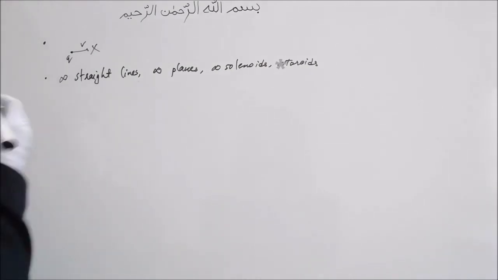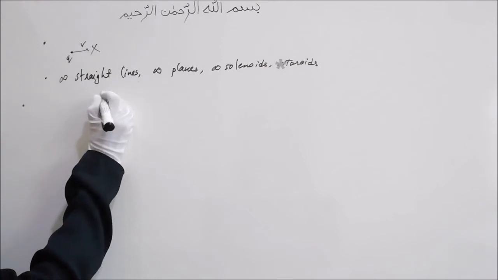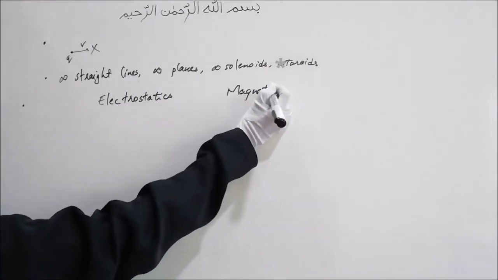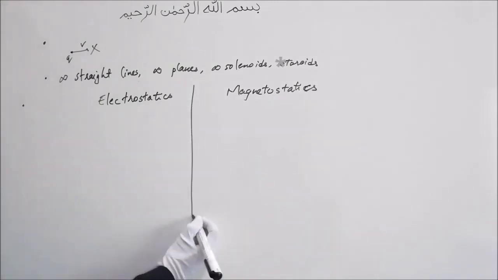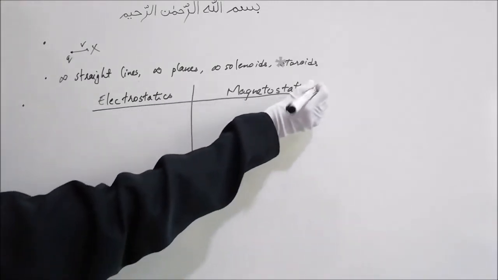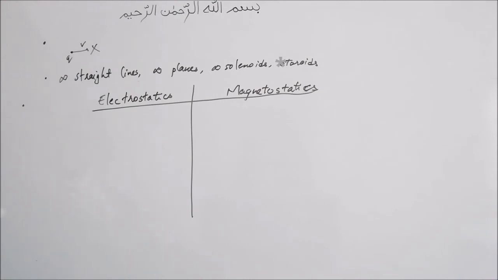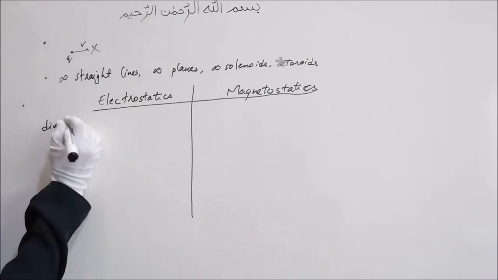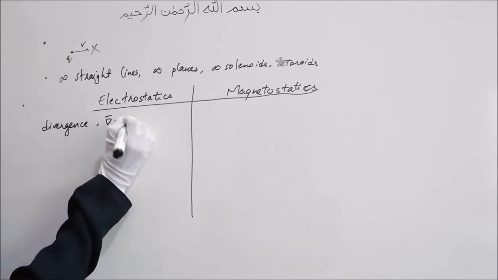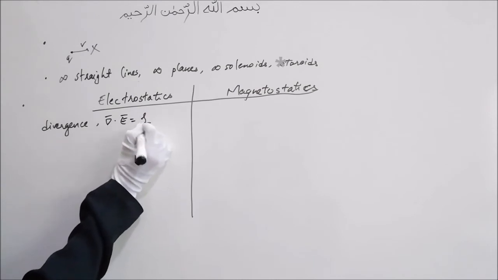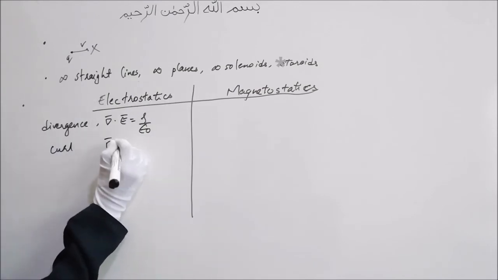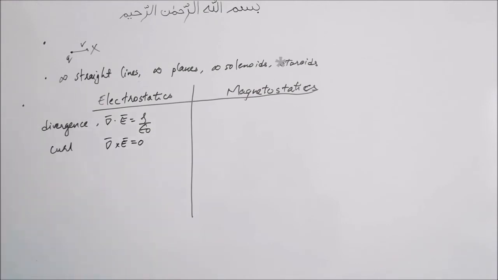So if we compare electrostatics and magnetostatics, in electrostatics, the divergence of the electric field, del dot E, is equal to rho upon epsilon naught, which was Gauss law, and the curl of the electric field, del cross E, was 0.